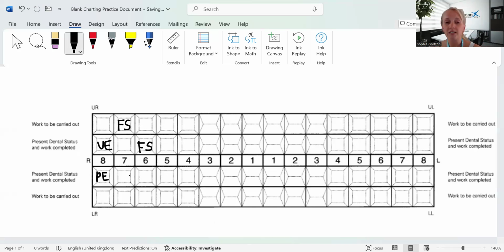To chart a restoration, so say if the upper right second premolar has a distal occlusal restoration, you're going to draw your distal occlusal and then you're going to colour it in. Obviously, you're doing this on paper with either a pen or a pencil. You're not going to be doing this on the computer, but I'm just showing you for the recording.